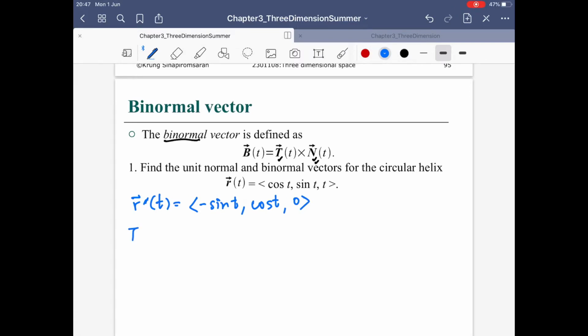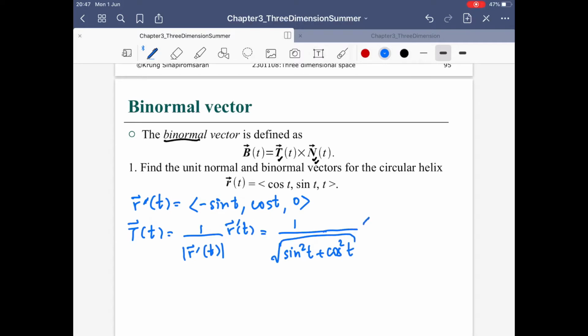So it means that your capital T is simply 1 over the length of your r prime times the r prime itself. So it is 1 over the square root of sine squared t plus cosine squared t plus 0, right? Times negative sine, cosine, and 0.